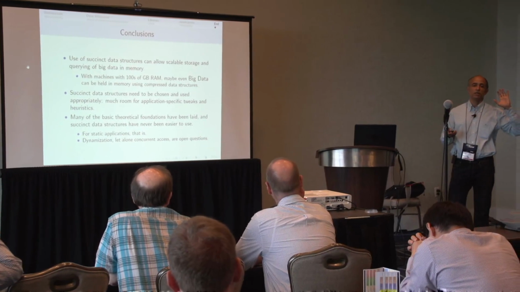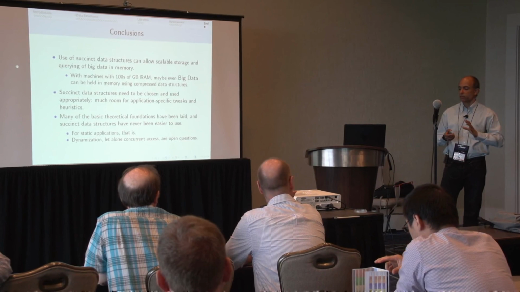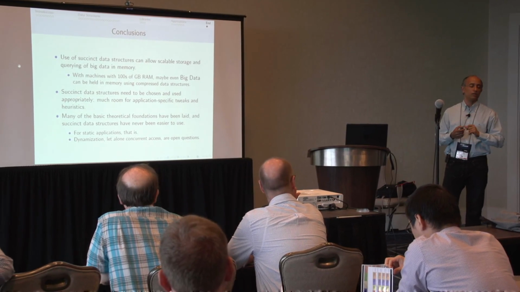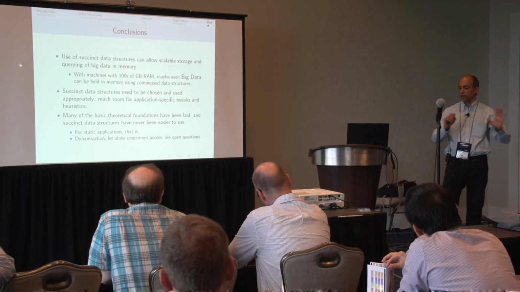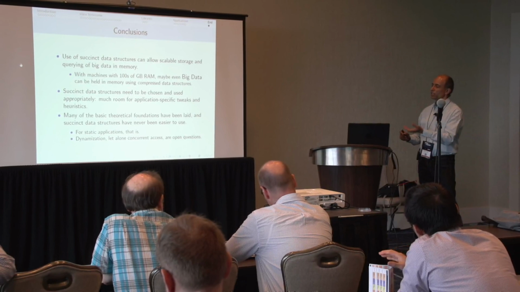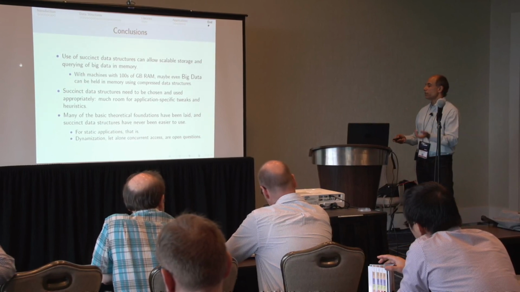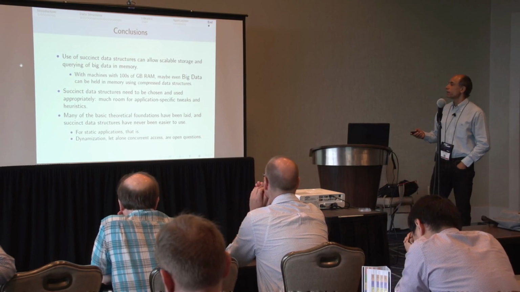So for example, the best paper was a perfect example of that. They looked at exactly what they wanted to do, and they took the standard succinct data structure, they modified it, and they got perfect performance for that. So this kind of work is always there, but for that, I think to some extent, you need to know your succinct data structures. So that's a slight disadvantage over there.